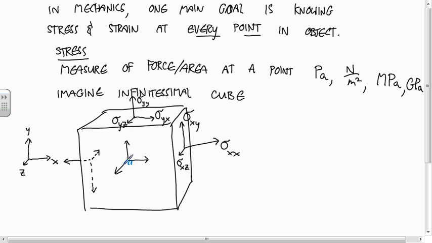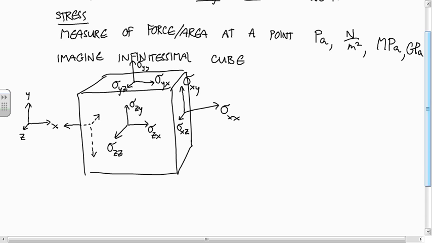And then on the z face, what's the one coming out of the z face? ZZ, yep. So ZX, yep. And ZY. Okay, so how many total values are there that represent this stress tensor? 9 total values. And this naming convention kind of suggests putting it in a 3x3 matrix, right?